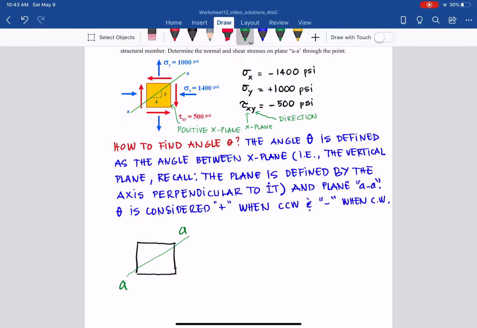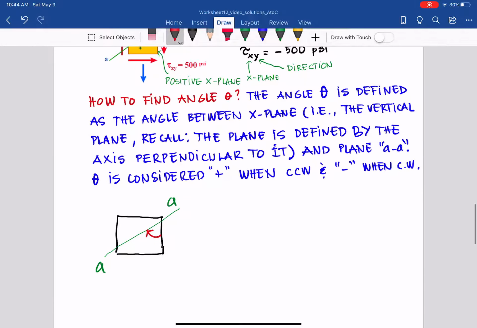By definition, theta is the angle from the x plane to that AA, and the x plane is vertical. In this case, is it counterclockwise? Oh, it's clockwise, sorry. You see that there, right? So it's clockwise, and that is the angle theta we are talking about. Clockwise means negative.